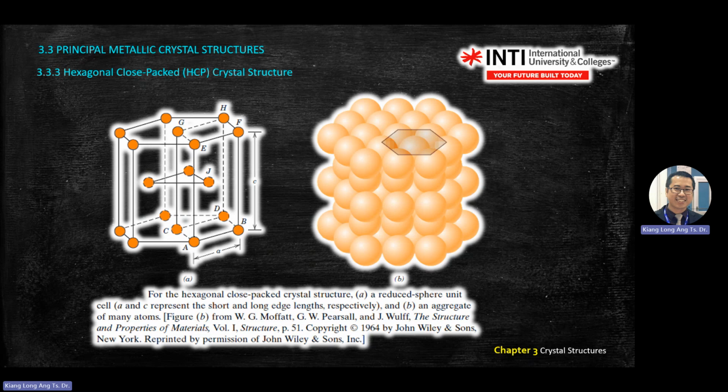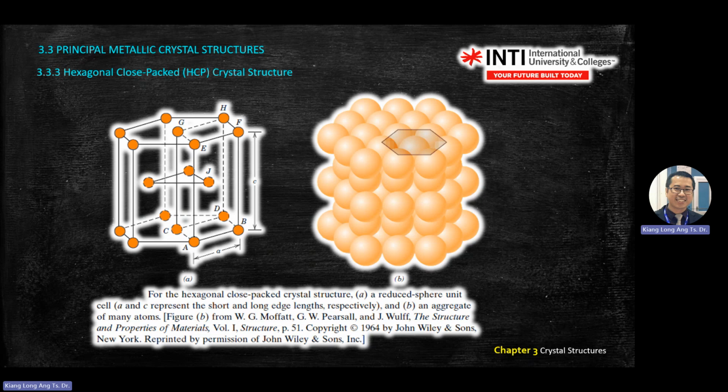Okay, it's actually a symmetry plane. You multiply by 3. So you only need to analyze 1 cell only, which is this one, with parameters a and c. a is the side or lattice length, and c is the height of the cell.